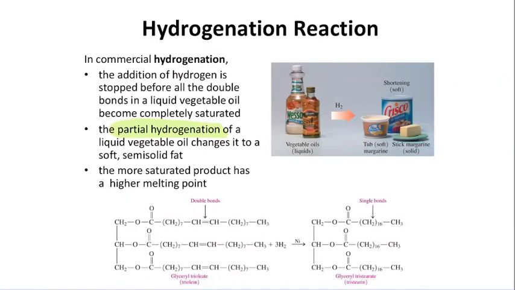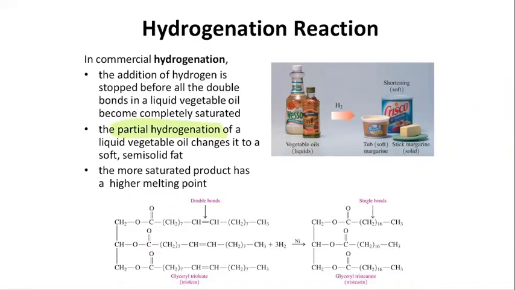So technically it's still an oil, but it's semi-solid because now it's saturated. Now, having a product that contains more saturated fatty acids incorporated into the triacylglycerol allows that product to have a higher melting point.